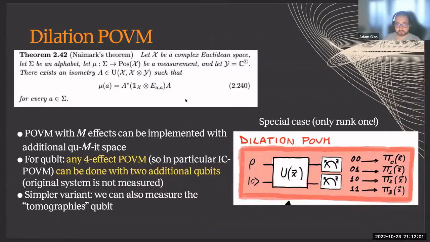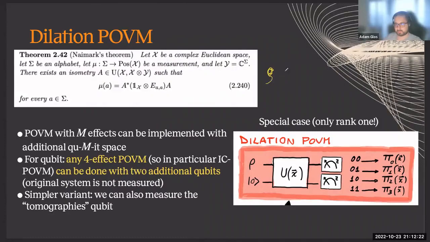So first, let us consider the dilation POVM. Here, we use a simplified version of Neumark's theorem. Neumark's theorem essentially says this: I will tell a version for a qubit, but it generalizes to more complex states.